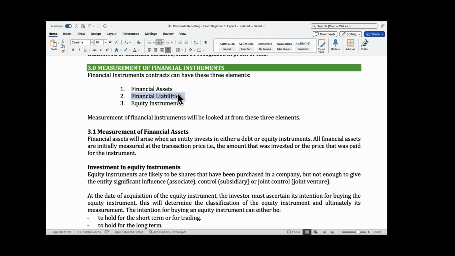However, if that is not present, then it will be measured at the transaction price. So financial liabilities are initially, and classified and measured at amortized cost, majorly. Okay, and I took my time to also explain amortized cost, right?